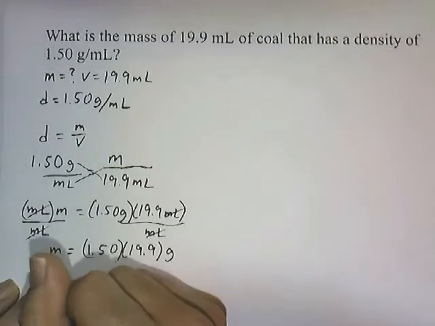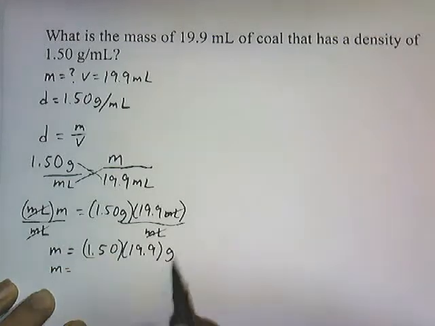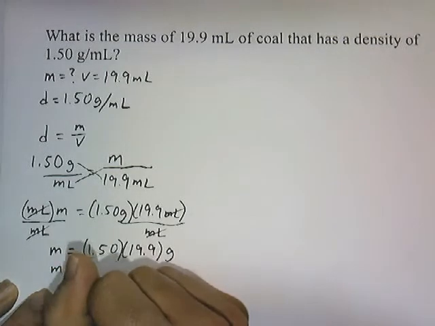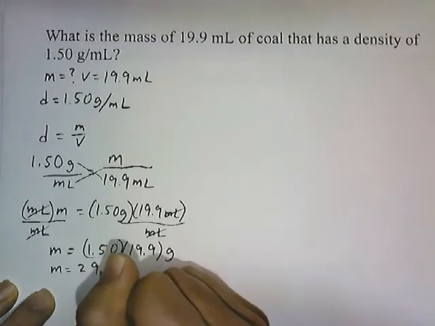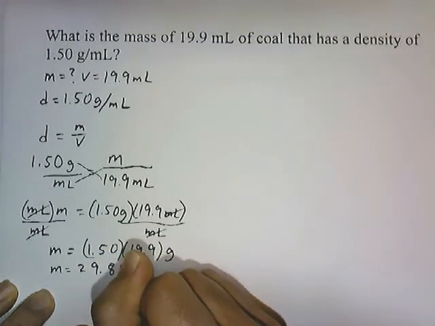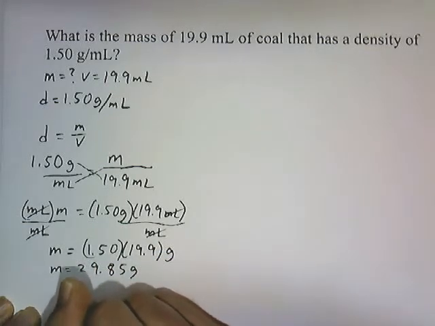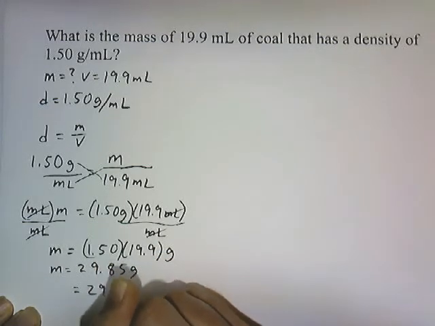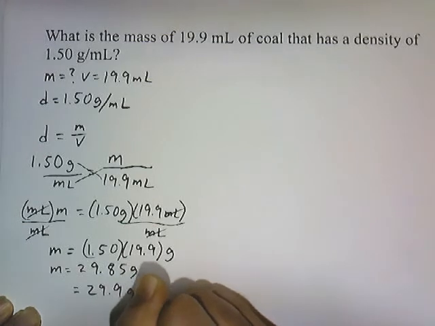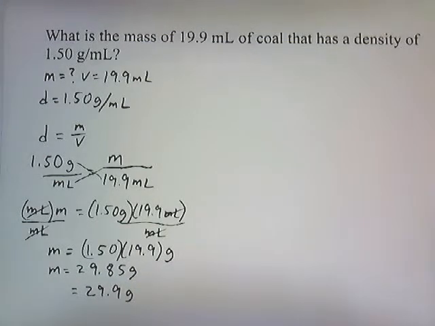Anyway, M is going to be equal to 1.50 times 19.9. That's going to give me about 29.85 grams, and that's about equal to 29.9 grams. Okay, now that's the way you're supposed to do it, including the units and then canceling them out.